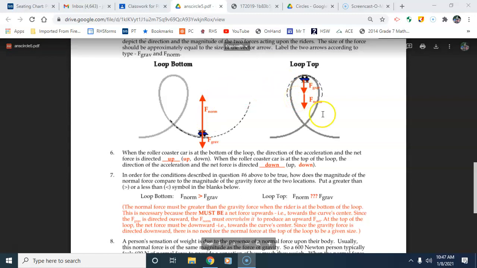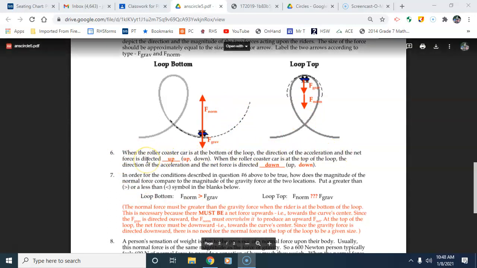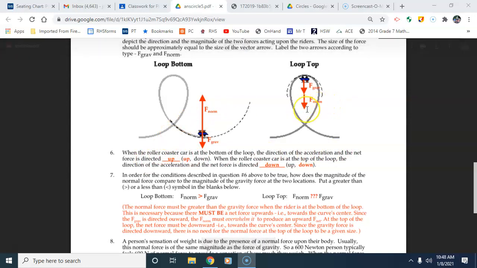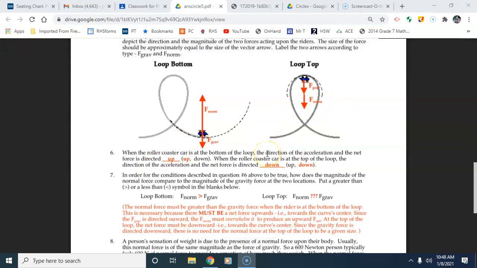positions. When the roller coaster car is at the bottom of the loop, the direction of the acceleration and the net force is directed... This is just describing what we just drew, really. But in terms of net force, remember net means total, right?